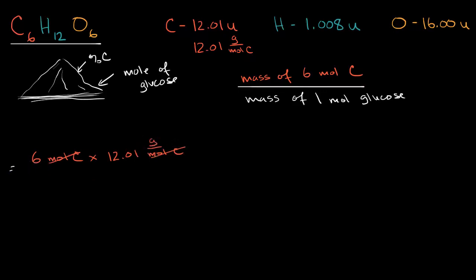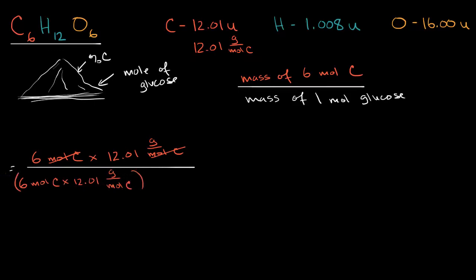And then in the denominator, what are we going to have? Well, the mass of 1 mole of glucose. For every glucose molecule, you have 6 carbons, 12 hydrogens, and 6 oxygens. So it's going to be the mass of 6 moles of carbon, 12 moles of hydrogen, and 6 moles of oxygen. So it's going to be what we just had up here: 6 moles of carbon times the molar mass of carbon, 12.01 grams per mole of carbon.